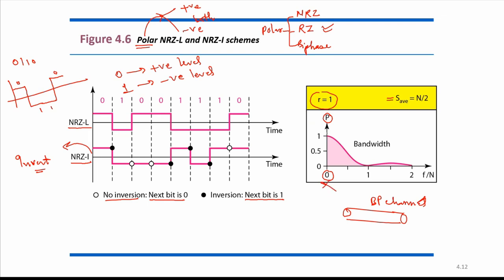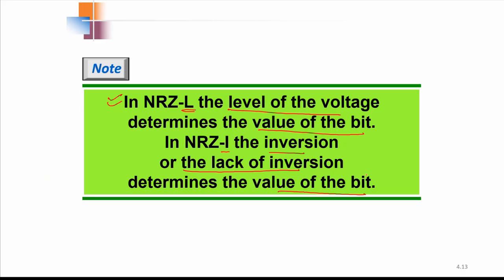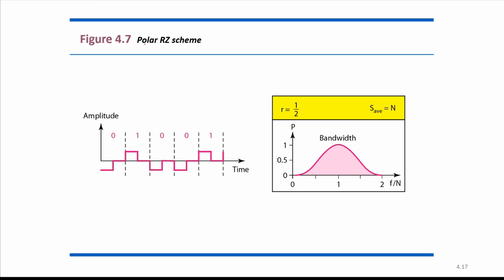So most of the power will not be passed through. Only the remaining power is utilized, so a distorted signal will be obtained. That's why we need to avoid the DC component.